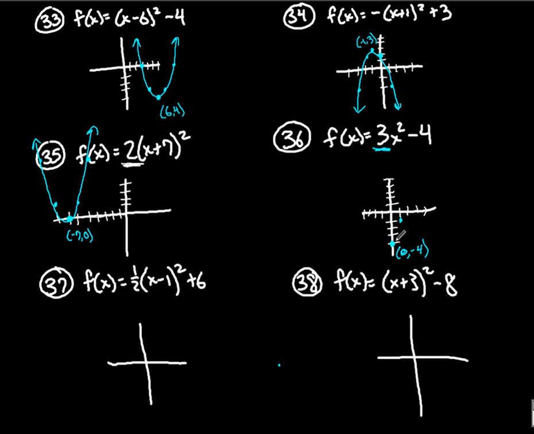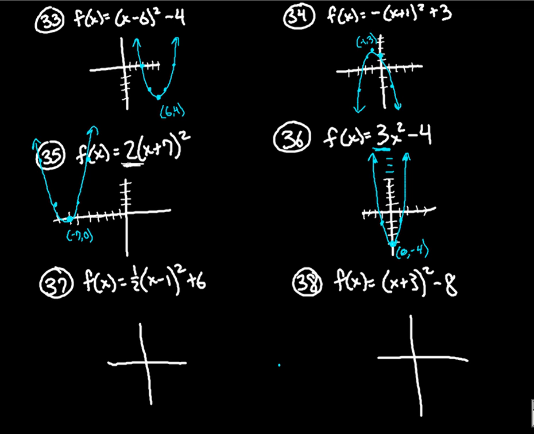So I need to go up by 4 times 3, which is 12. So 1, 2, 3, 4, 5, 6, 7, 8, 9, 10, 11, 12. So about this point, which should be 1, 2, 3, 4, 5, 6, 7, 8 up there. And I need to go the same in this direction to connect it and make my U that way. It should be nice and skinny, which you should have known because this makes him skinnier, makes him taller.